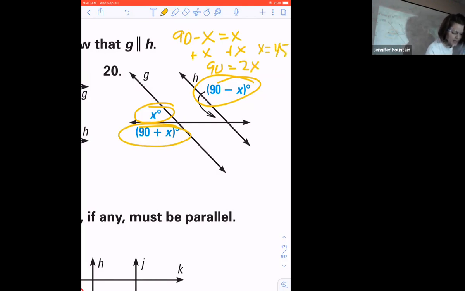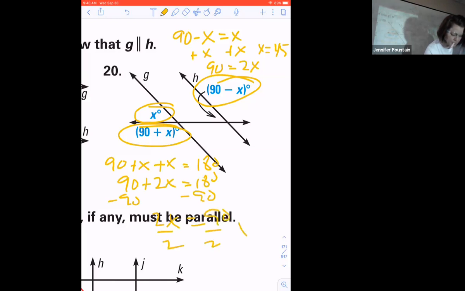And then here, if I have 90 plus X equals 180, 90 plus 2X equals 180, minus 90, 2X equals 90, divide by 2, X equals 45 there as well, okay? So we've been able to look at those. And in number 20, because of the consecutive interior angles converse, we know that they are parallel.